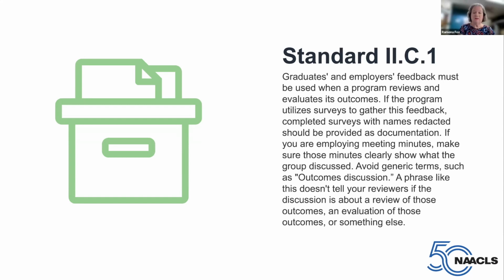I know sometimes it's difficult with small numbers, but maybe you can track it over time to see if there are any things from the feedback you do get that shows up more than once that might need to be addressed. But even if you only get a couple back, you still need to include what you get in your outcomes assessment.